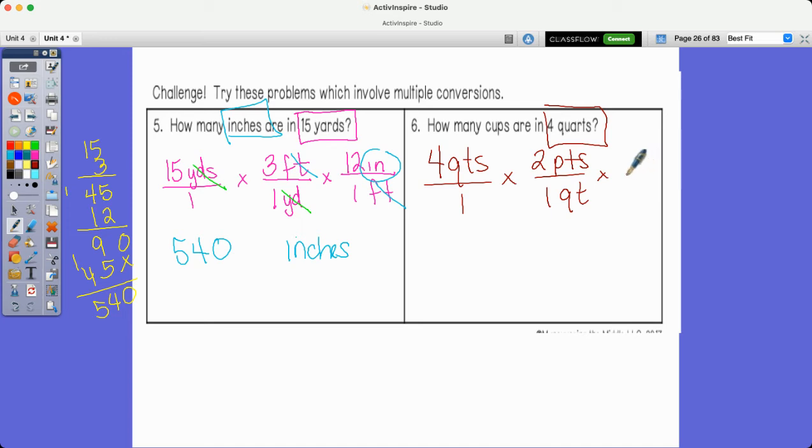So I'm going to look at the next one, and I find out there are 2 cups in 1 pint. And now I'm going to look and see if I have them all. I can cancel out my quarts. I can cancel out my pints. Am I left with cups in the numerator? I am. So now we can multiply. 4 times 2 is 8. Times 2 is 16. There are 16 cups in 4 quarts.